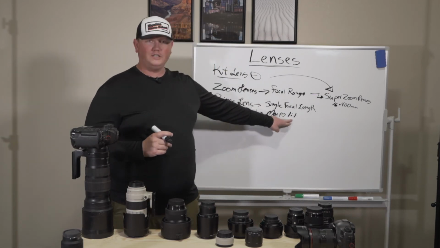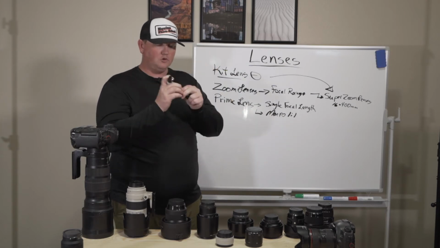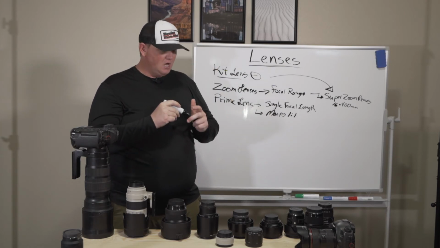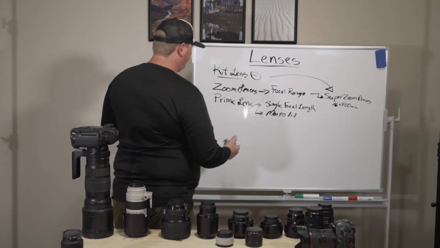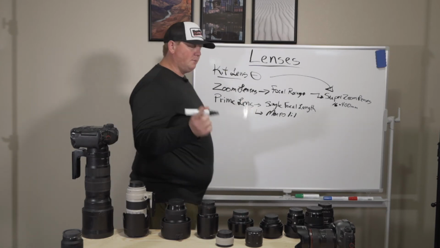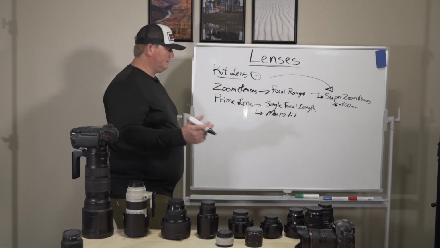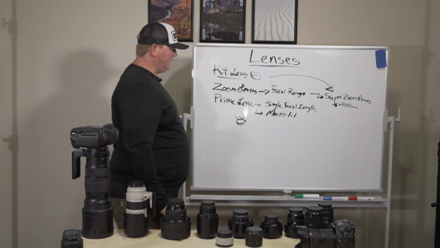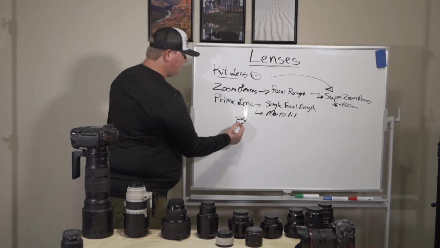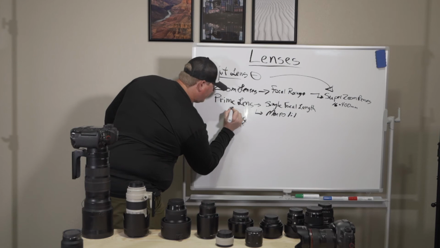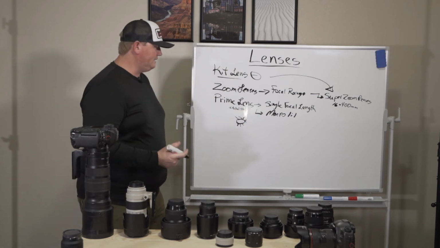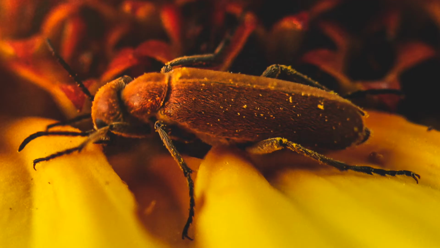You might think that they should call these micro because they're zooming in really, really tight. But what it means is, say you're shooting a picture of something small. In this case, let's talk about a bug. And it looks like this, right? And this is actual size. So let's pretend this is the actual size of the bug. Okay?